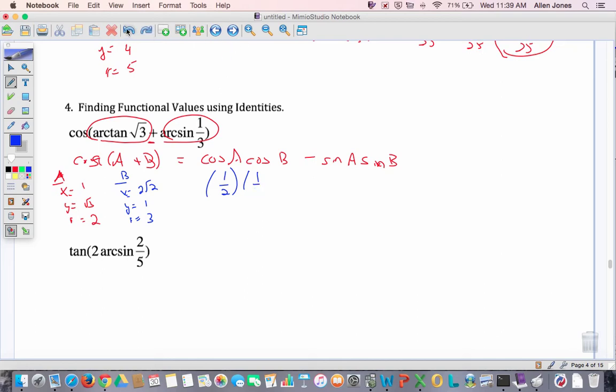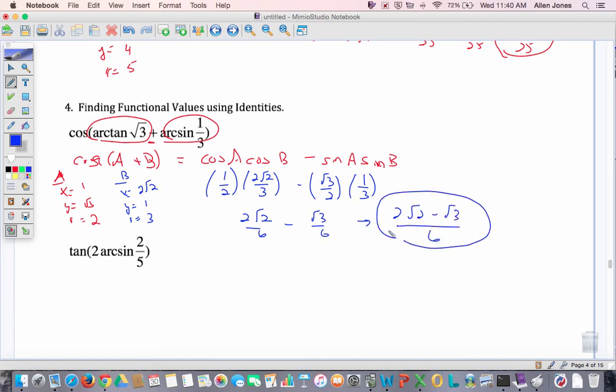Cosine of angle A is 1/2. Oops, try that again. I will put sine of B, not cosine of B. Cosine of B is 2 square root of 2 over 3, minus the sine of A, which is the square root of 3 over 2, and the sine of angle B, which is 1/3.